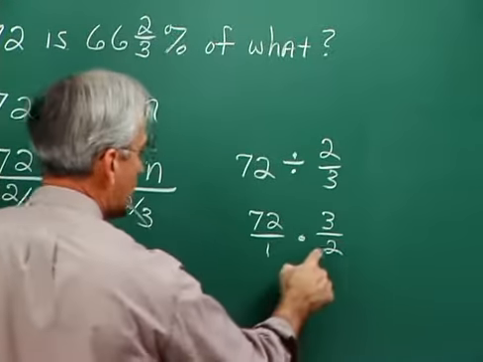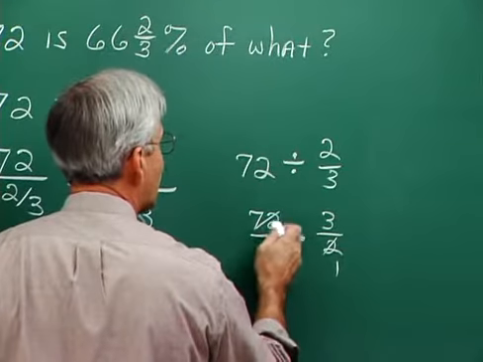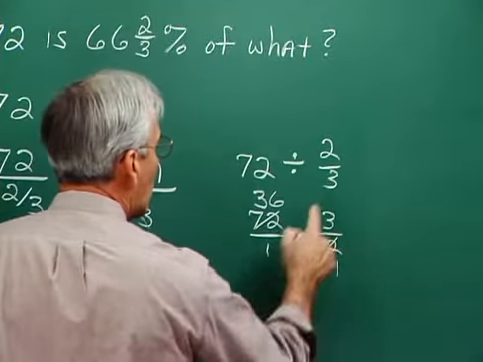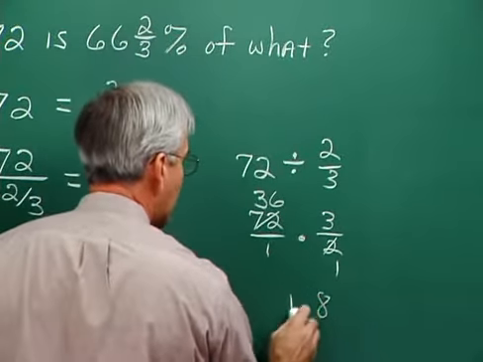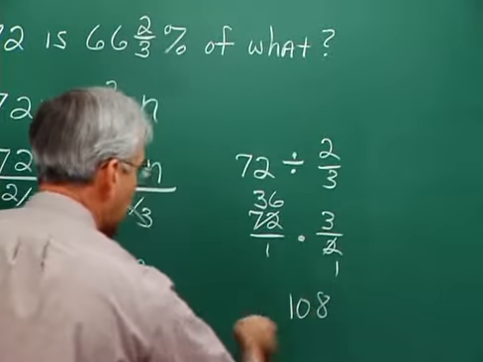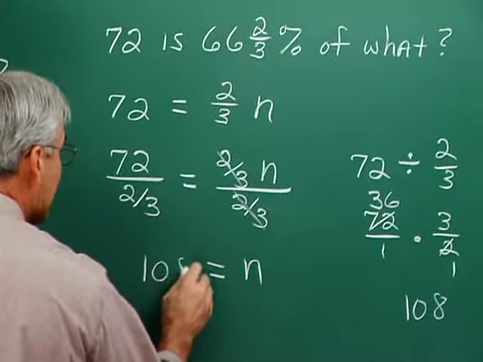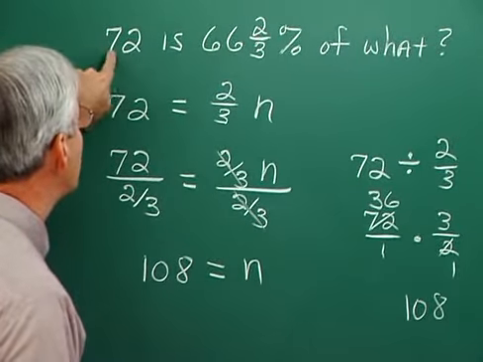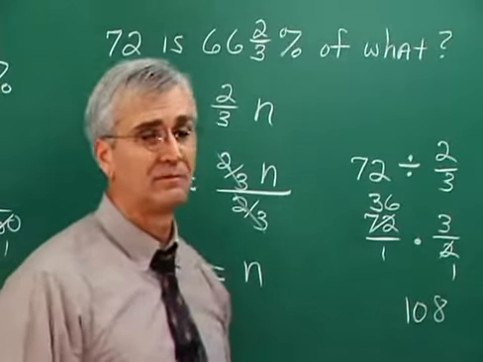We have a cancellation opportunity with the 2 and the 72. 2 into 2, 1. 2 into 72 is 36. Now we have 36 times 3. Well, 3 times 6 is 18. Carry 1. 3 times 3, 9, and 1, 10. So this is 108. We slide back over here, and we find the value of n is 108, and we are answering the question. 72 is 66 2/3% of 108.